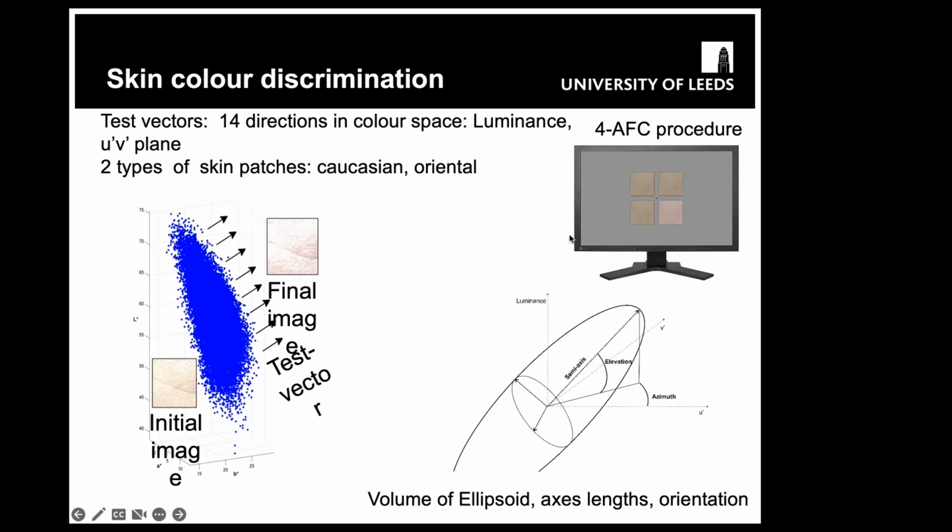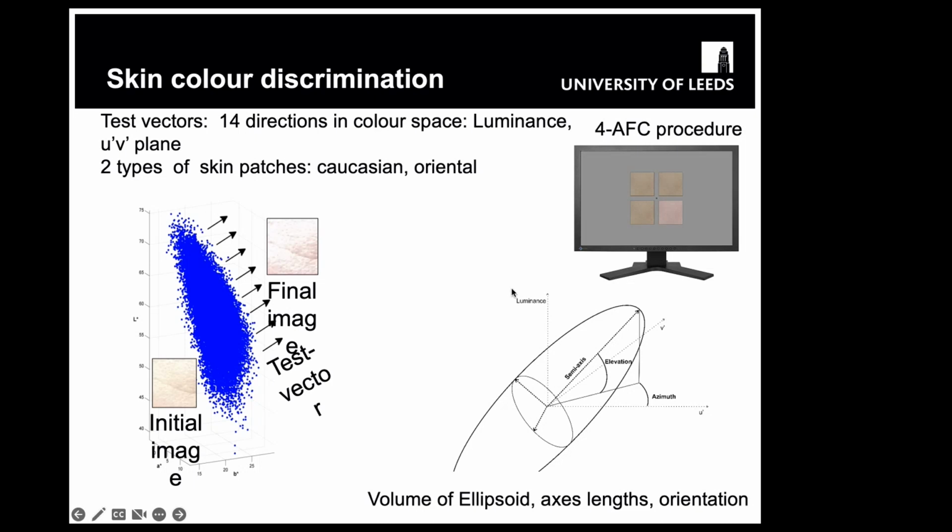As you can see, in our experiment we show people four color patches of human skin colors with a texture. And we ask people to select which color patch is different from the other three. If they found it correctly, we reduced the difference between them until we found the just noticeable color difference.